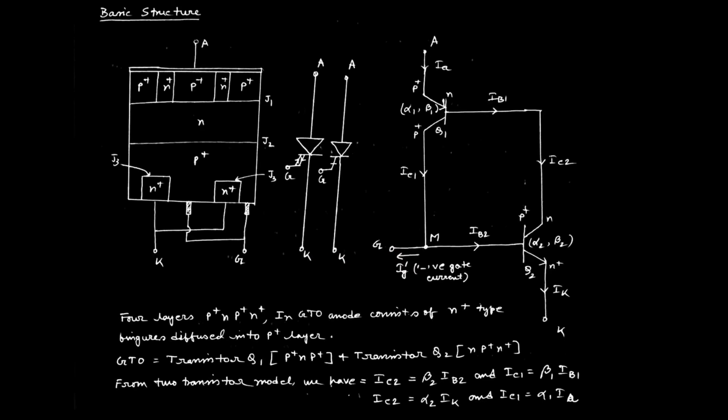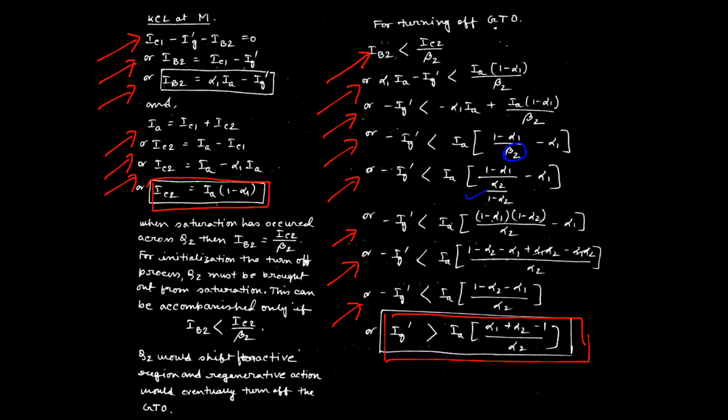No current is entering the cathode. That means the device is in the off state. So this expression is very important to understand: IG dash must be greater than IA. Then the total hole injection is taken out from the device to the gate. That is why no current is entering the cathode. We can say the switch is in the off state.